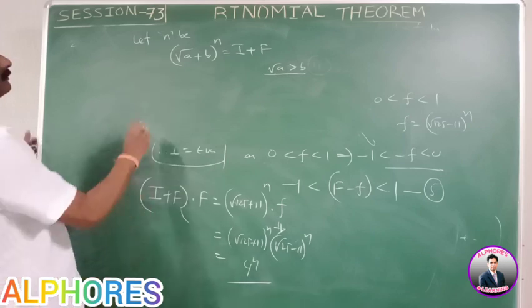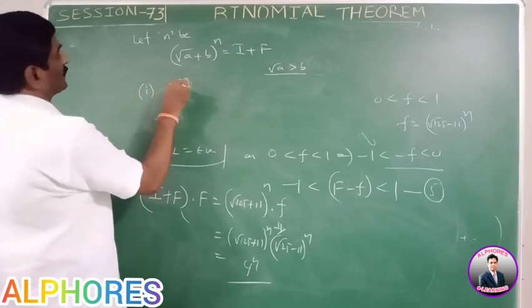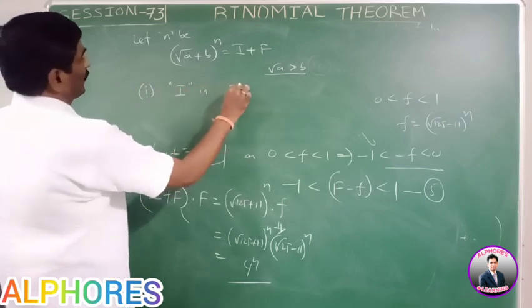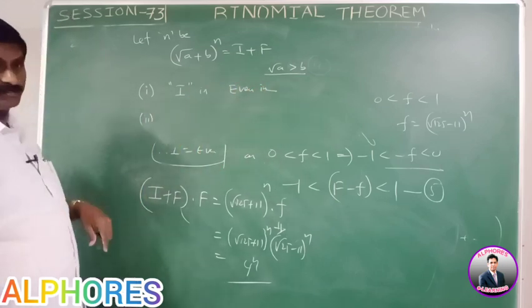Then, first one, I is always an even integer.